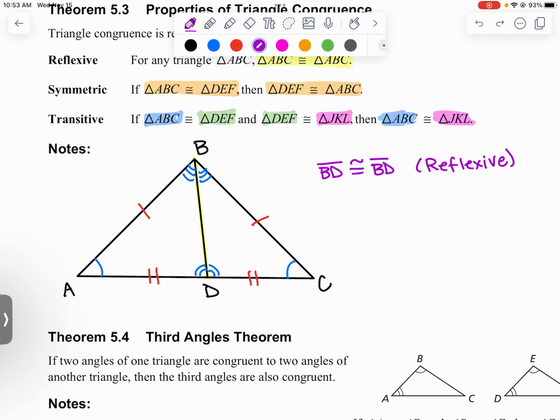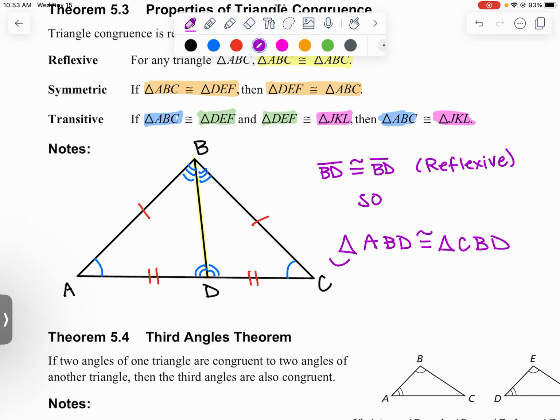Yeah. So we could say triangle ABD is congruent to triangle... How would we have to name the other one? If I named the other one ABD, then we would have to name CBD.